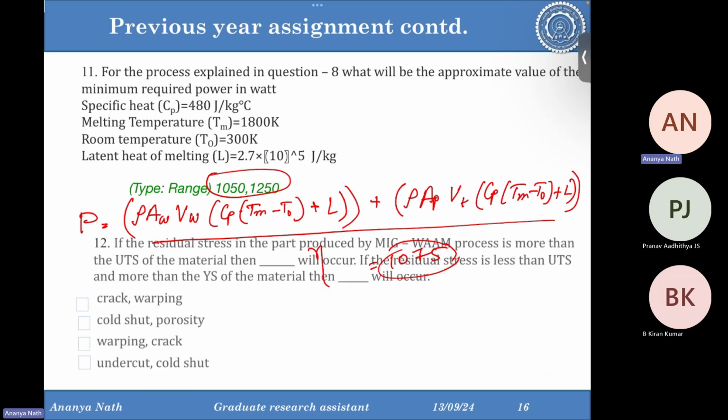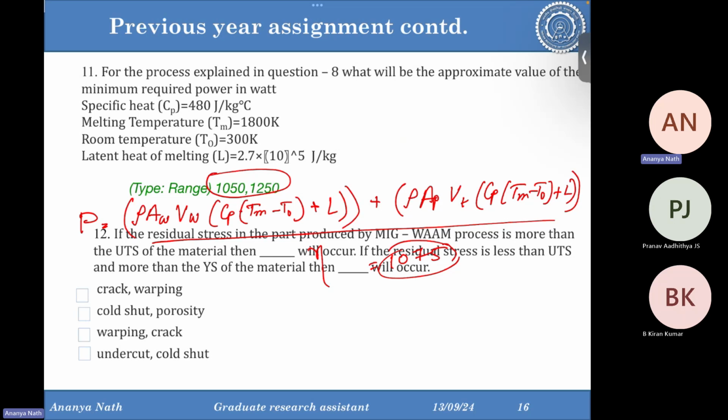The next question is, if the residual stress in the part produced by the MIG WAM process is more than the UTS of the material, then dash will occur. If the residual stress is lesser than UTS, more than UTS, then the material will have something.